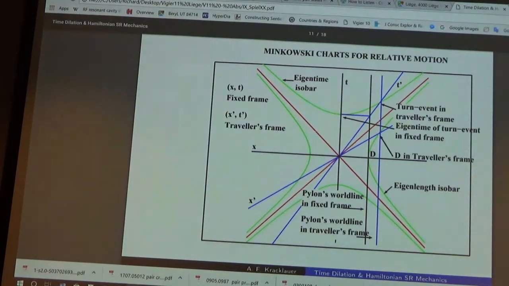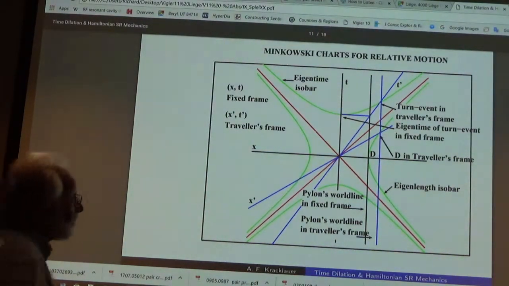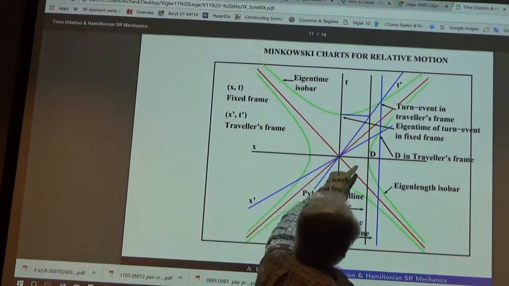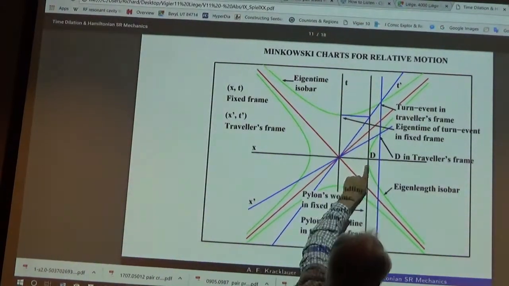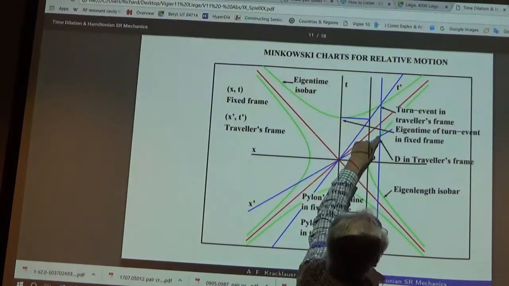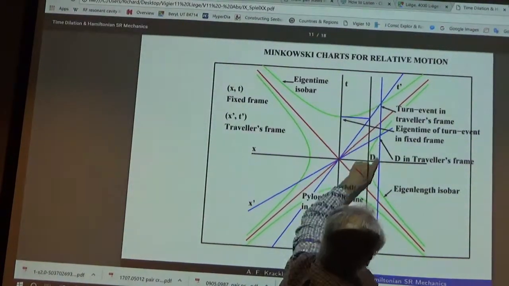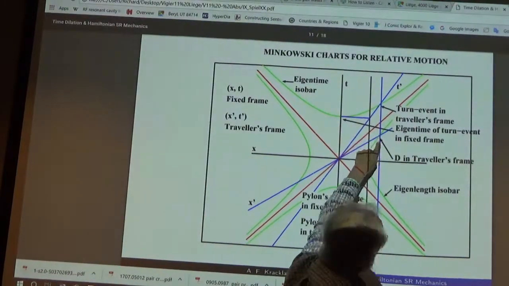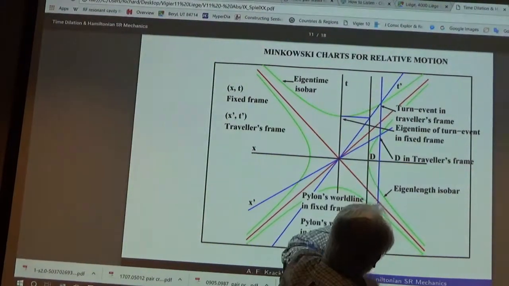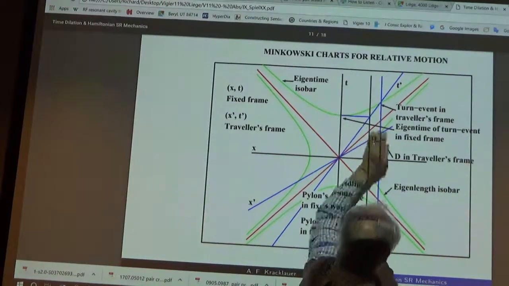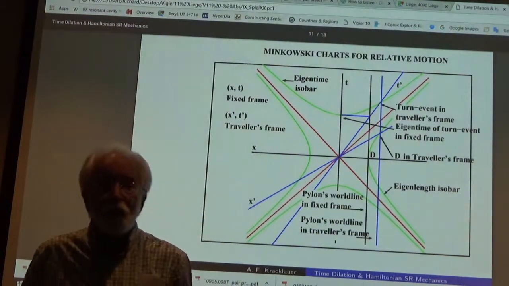Because the traveler is going to meet the pylon. So where does he meet the pylon on this chart? Well, in fact, this point D here slides up the isocline to this point. And therefore, for the traveler, the world line of the pylon is this blue line here.